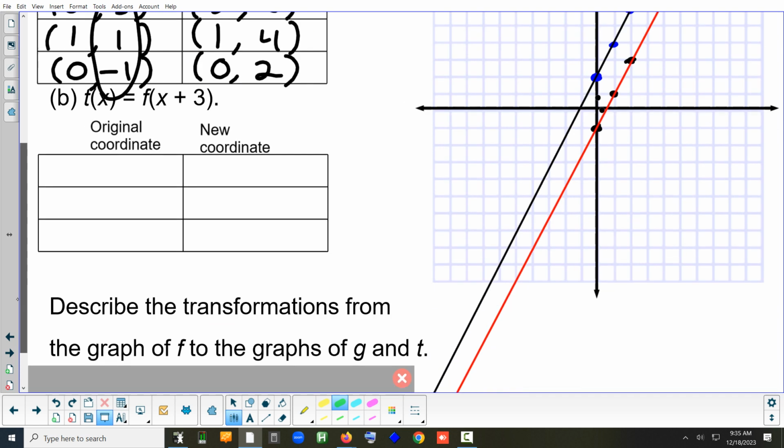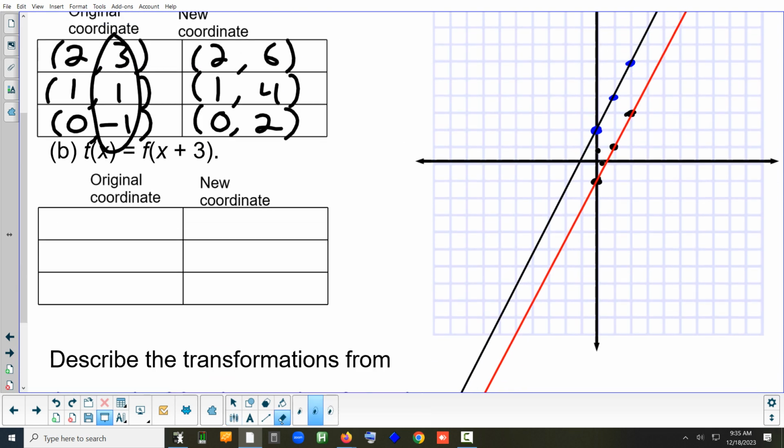Okay, so 1B, let me just erase this. They're giving you this. It says F, and then they have a +3 inside the parentheses. So let's go back to our table and match up adding a number inside the parentheses.